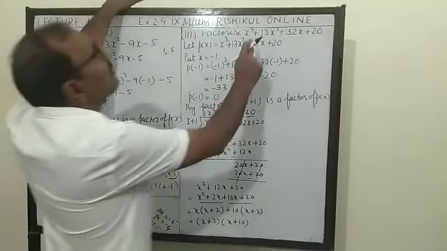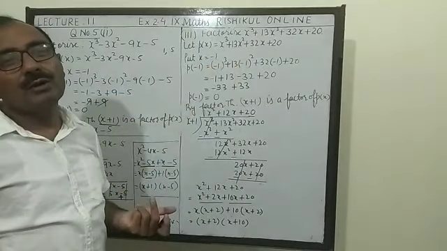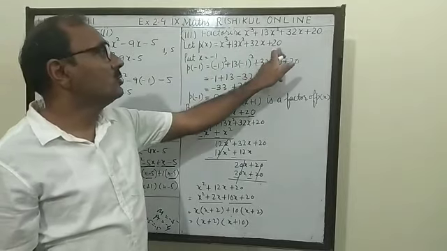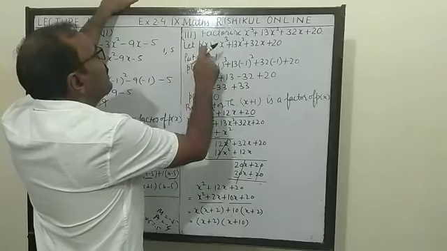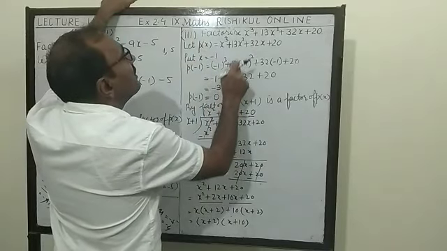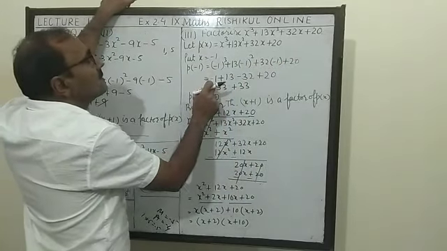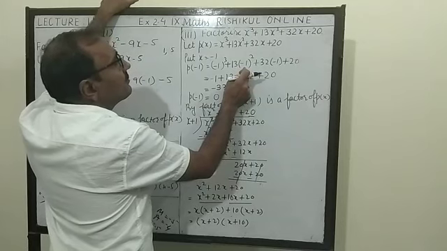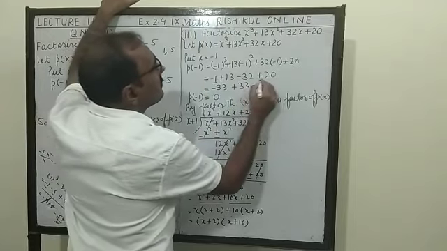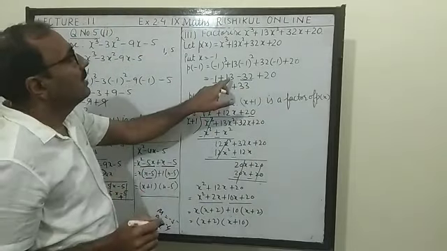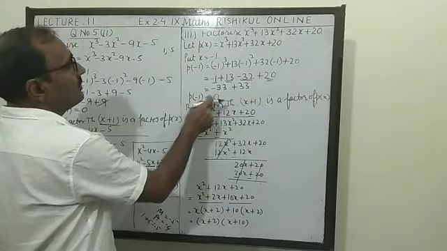Now, part third, you factorize this one. If you put x equal to 1, you never get 0 because all terms are positive. After putting x equal to minus 1, p of minus 1 is minus 1 cube plus 13 into minus 1 square plus 32 into minus 1 plus 20. That is minus 1 plus 13 minus 32 plus 20, and minus 1 minus 32 is minus 33, and 13 plus 20 is 33, so they cancel out and you get 0.